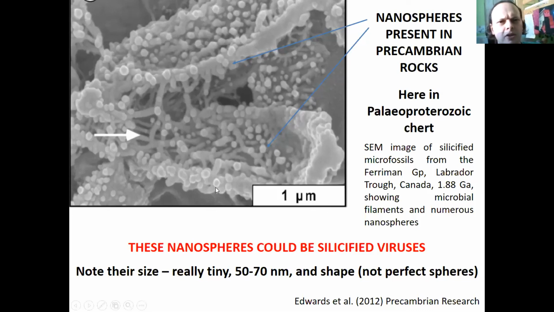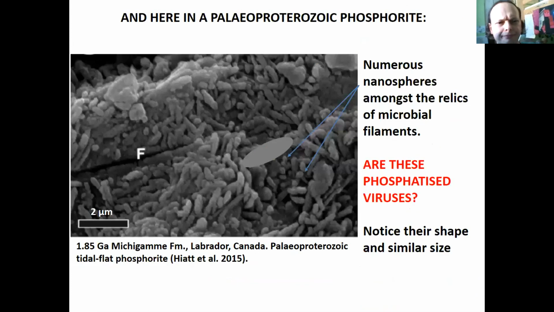The next example is from Paleoproterozoic phosphorite. Again, if we look at these tiny guys, here. Again, nanospheres, irregular nanospheres. I would say, again, icosahedral capsids most likely. Are these phosphatized viruses? Okay, again, shape and similar size, so that could be, why not?